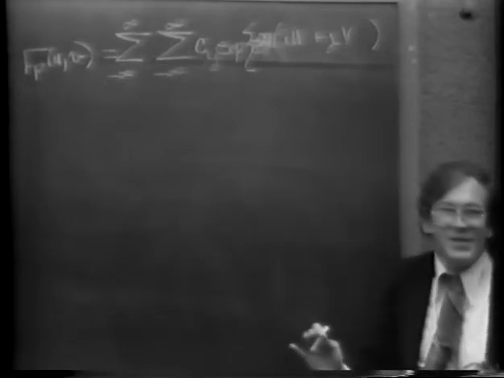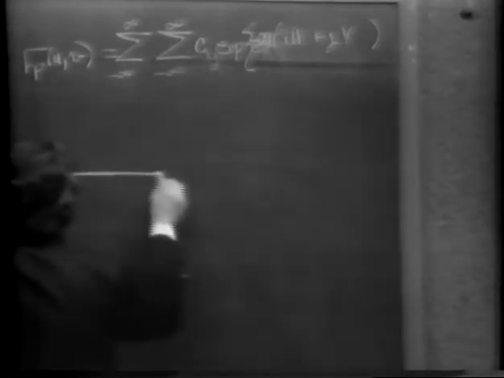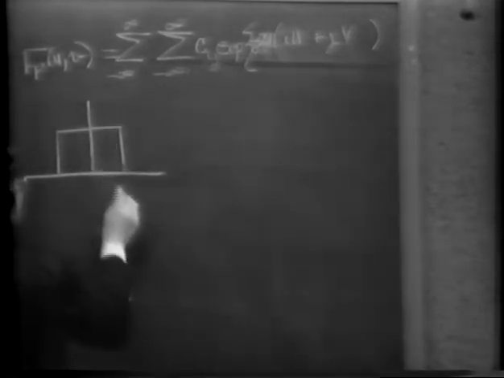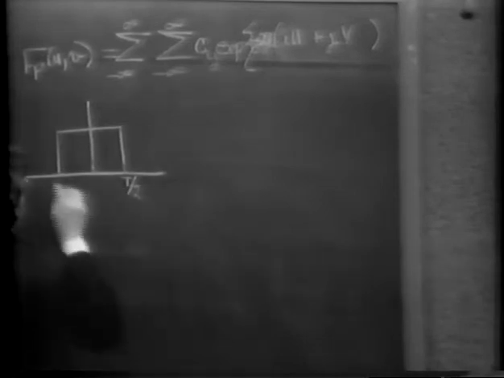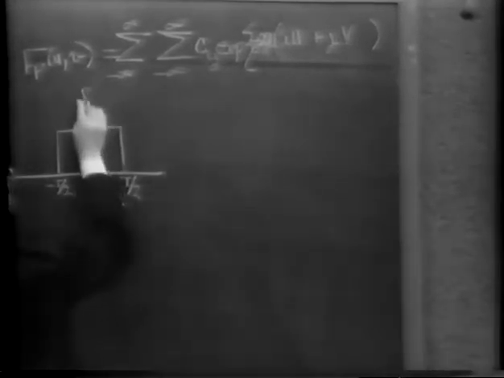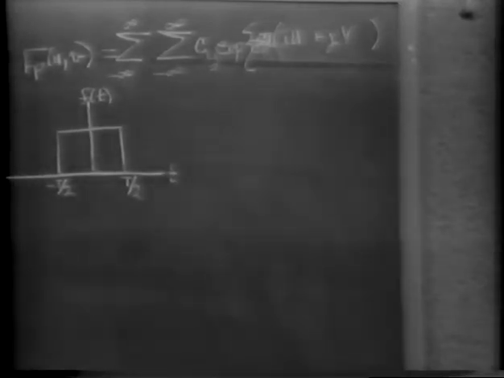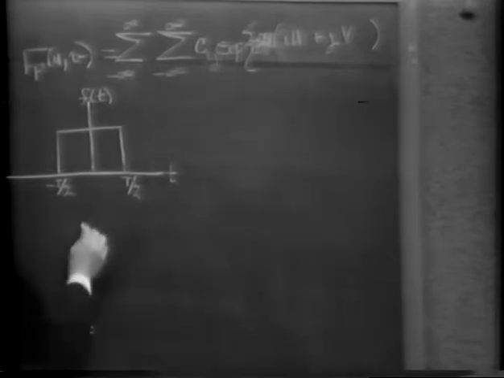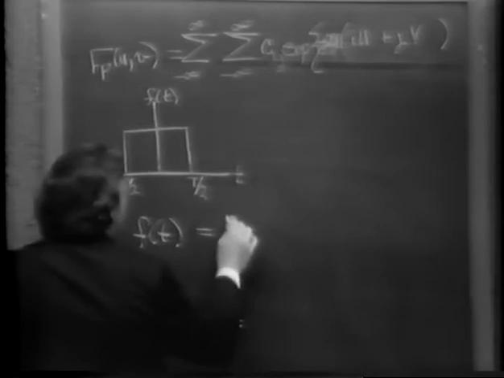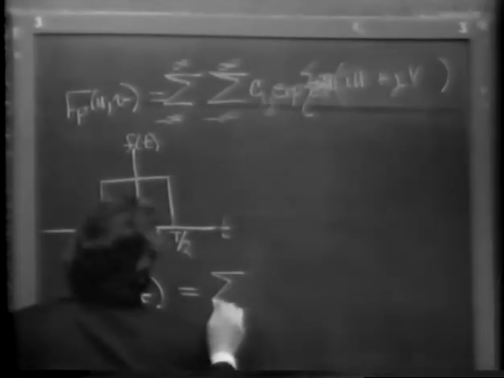Let me do a one-dimensional example as an analogy. Let's say we have a periodic square wave function, and this is f of t versus t. How would we write the Fourier series of f of t?